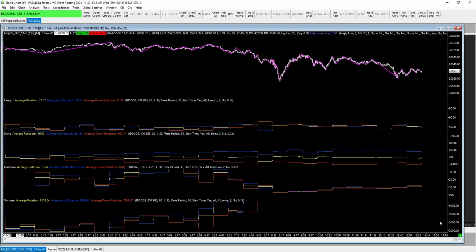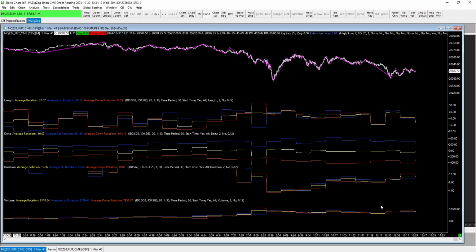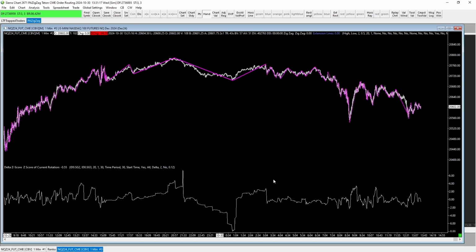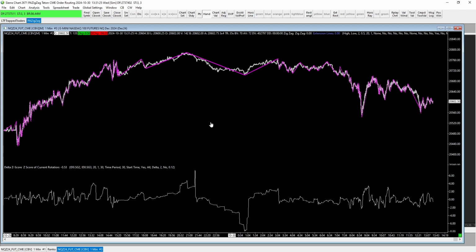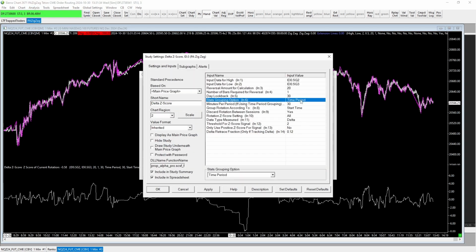Now, I also measure standard deviations and things like that. So what you can do is look at a z-score. For those of you who don't know, a z-score is a value for a given value. Here we're looking at delta. So this is the current delta on the bar minus the mean delta, whether that mean is coming from the mean over the time period, the mean over all the rotations globally, or over those rotations relative to the day of the week.